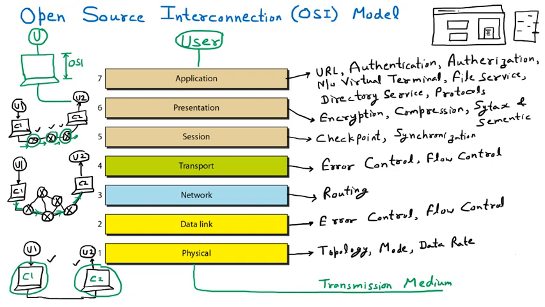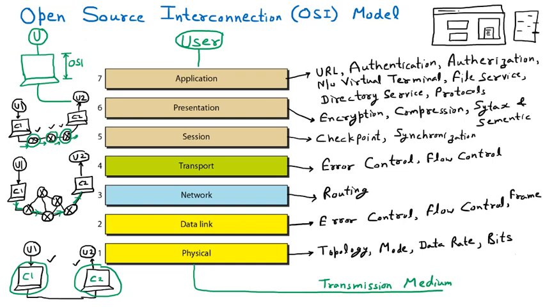So these are all the layers and they have their duties. Now the important thing is that the physical layer deals with the bits, means the bits 0 and 1 are coming at the physical layer. Now the data link layer is going to convert all those bits into frames. So bits are combined to make the frame.